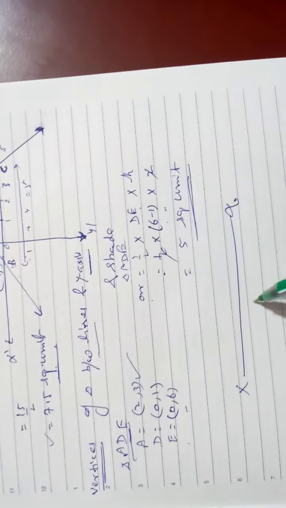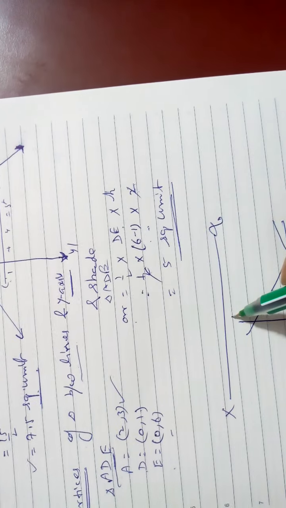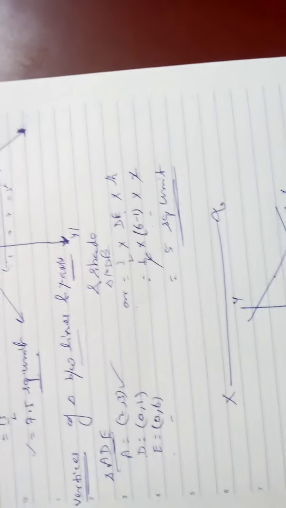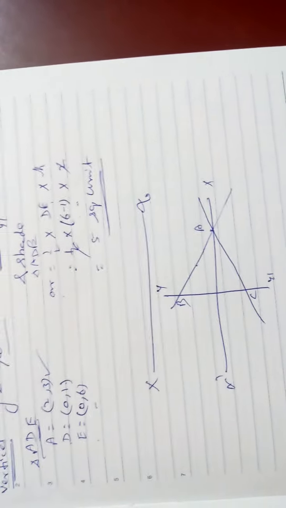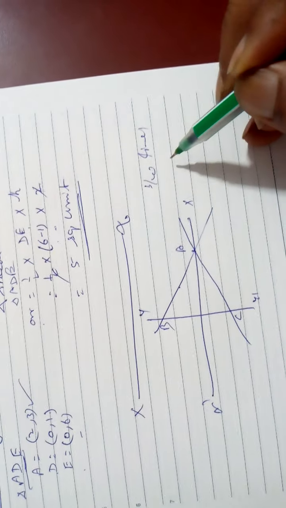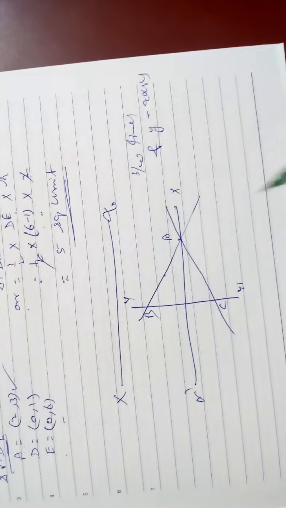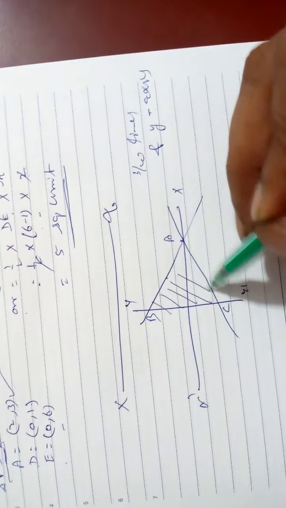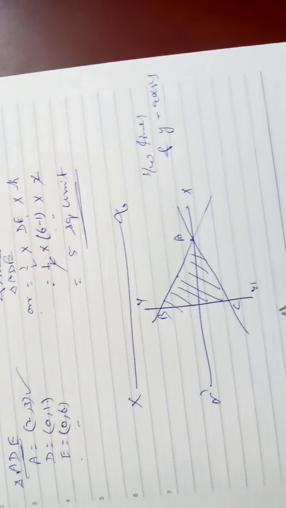If the figure is like this, suppose any figure is given like this. Here, two lines are given, this is y and y dash, this is x and x dash. You want the triangle, if the triangle is ABC, between the lines and the y-axis you are getting a triangle. So this whole triangle is between two lines and the y-axis.